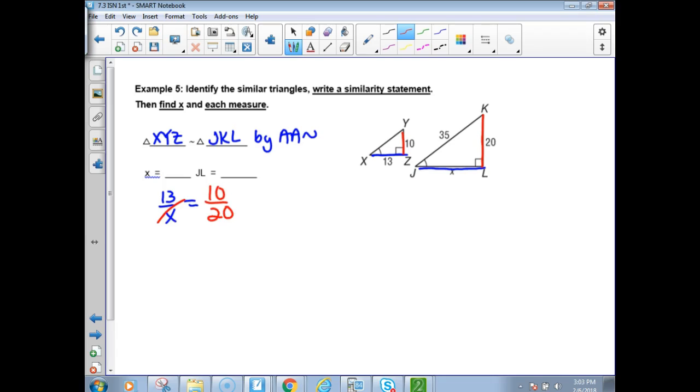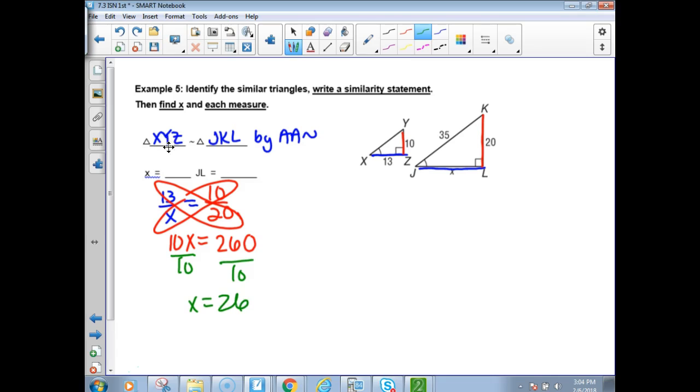I cross multiply, I get 10 times X. 13 times 20 is 260, right? I divide by 10, and I get X is 26. And that happens to be JL, so 26 again.